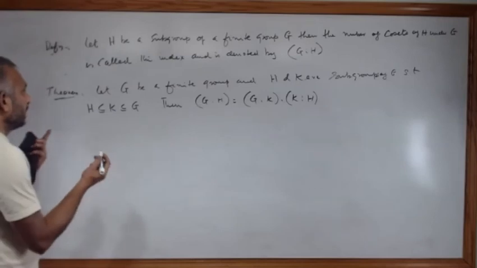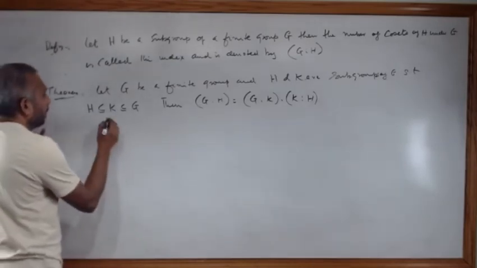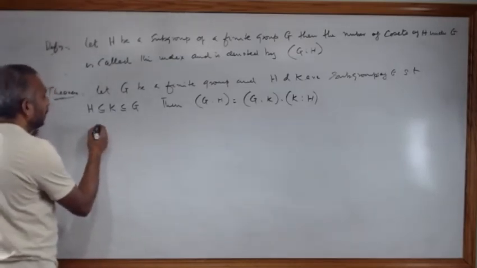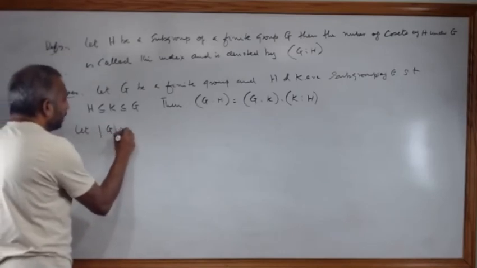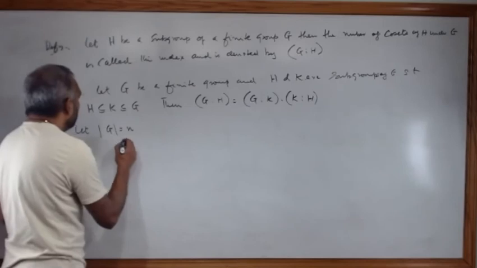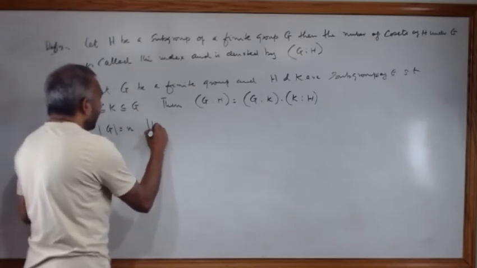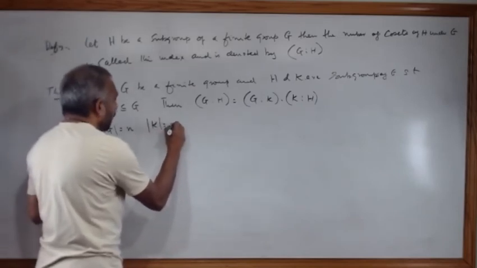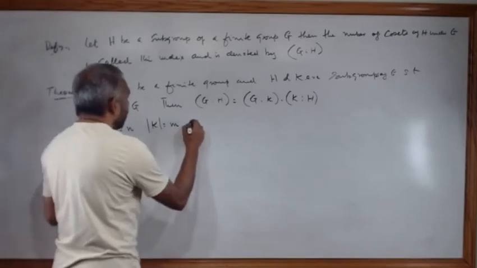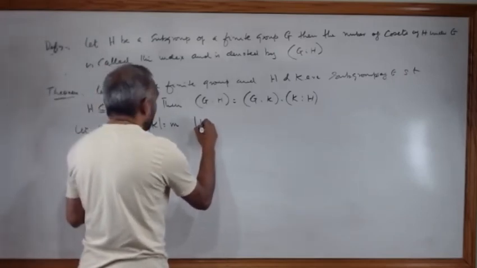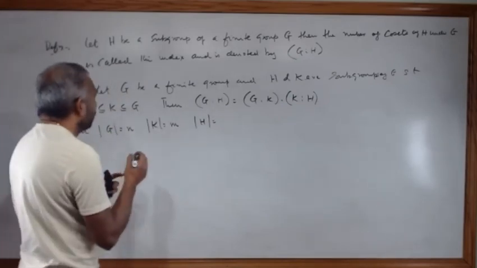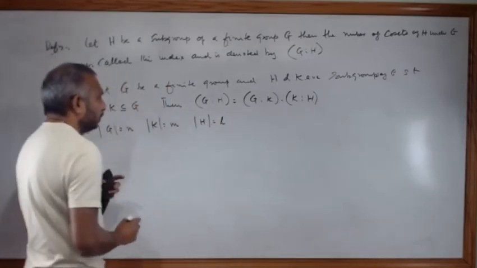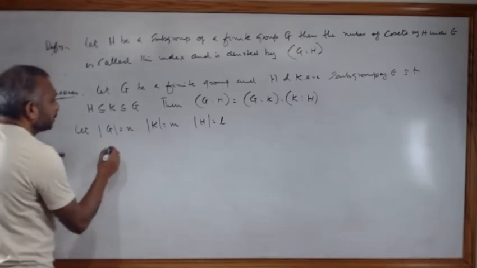So it is very simple because, let order of G be equal to n, order of K be equal to m, and order of H be equal to l. So what does this mean?